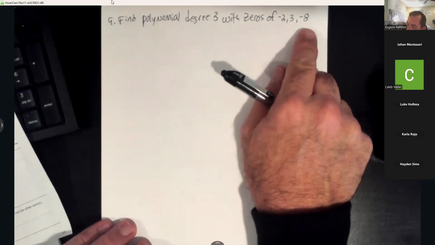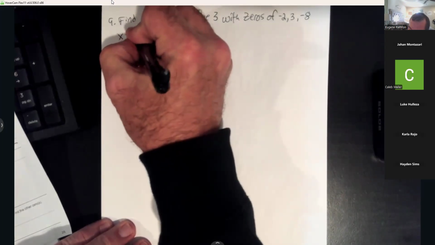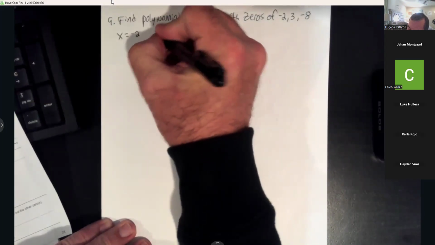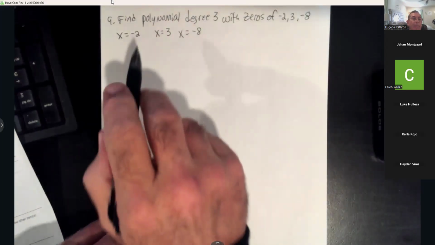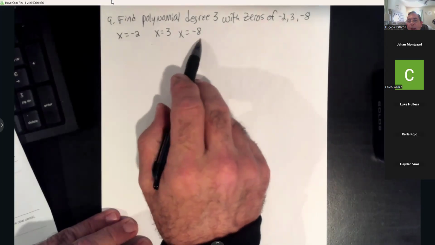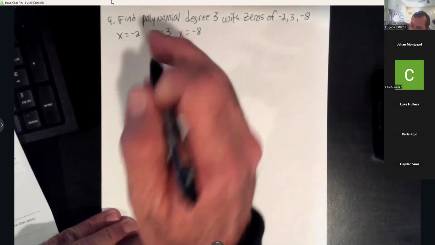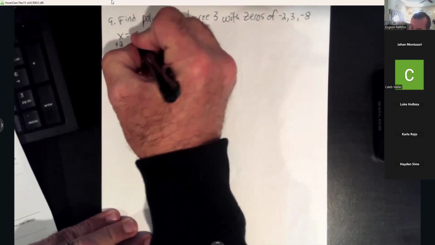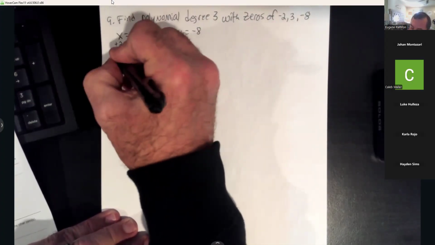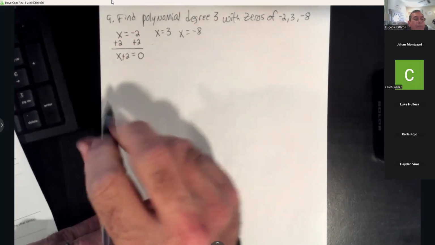All right, so take the 3 zeros and write them as equations. X equals -2, x equals 3, x equals -8. Now you're going to add and subtract to get a 0 on the right side of each of these equations. So since that's -2, we're going to add 2 to both sides and get x plus 2 equals 0.